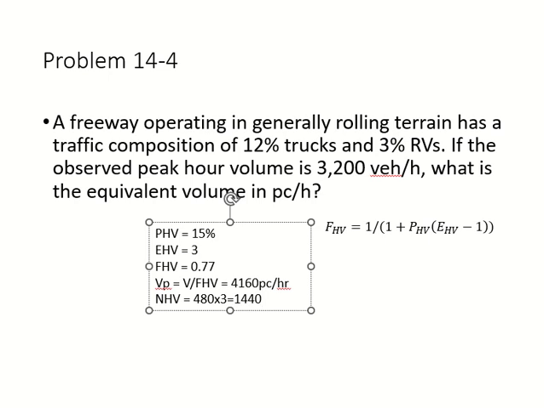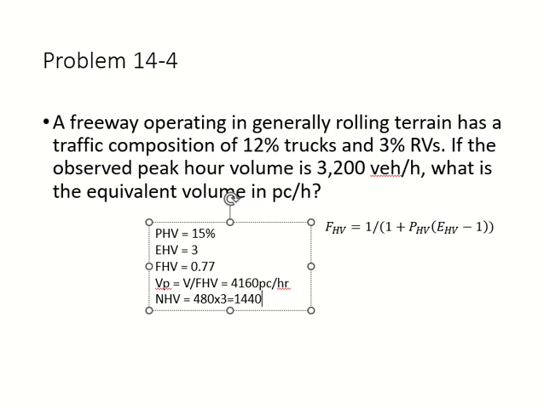Clear? Now this 1,440 is what? Number of passenger cars now. Number of heavy vehicles was 480, right? Now you converted that 480 into passenger cars. What is the remaining now?